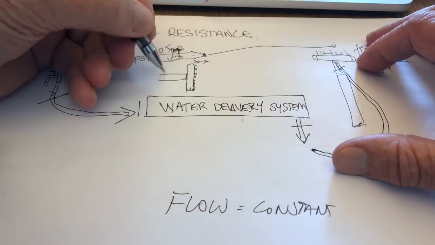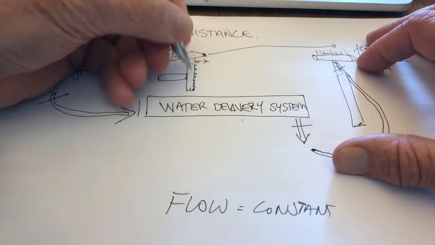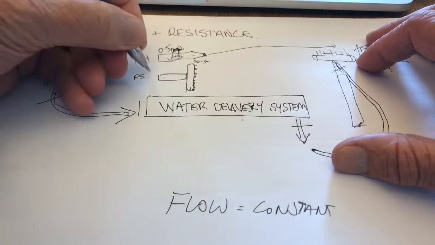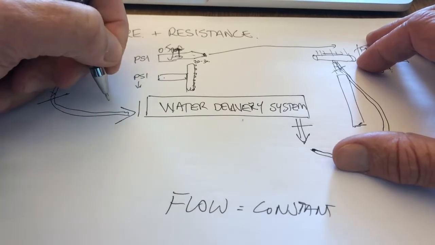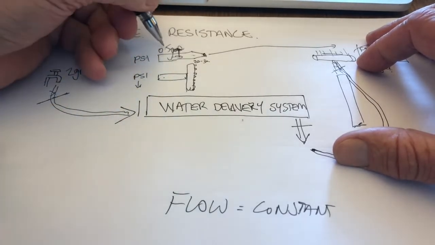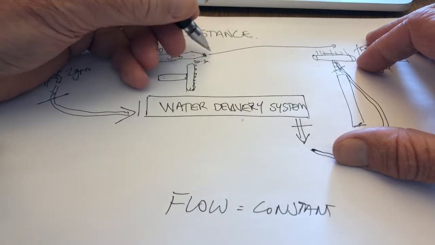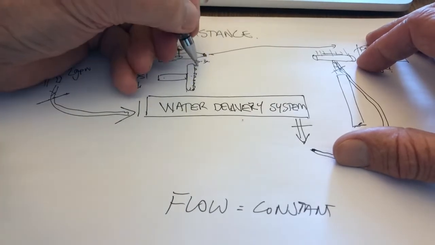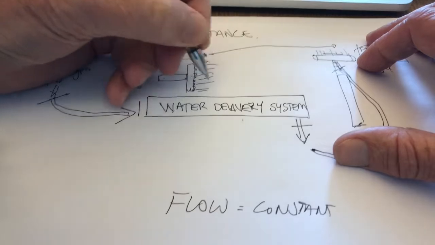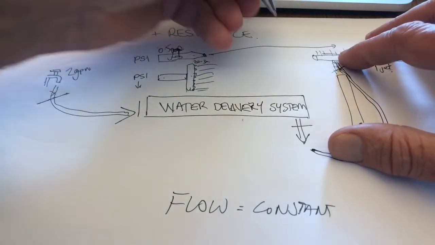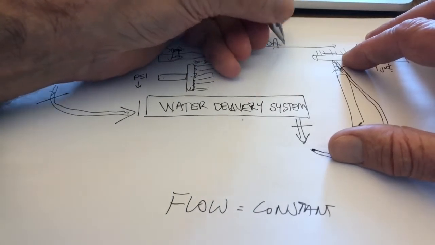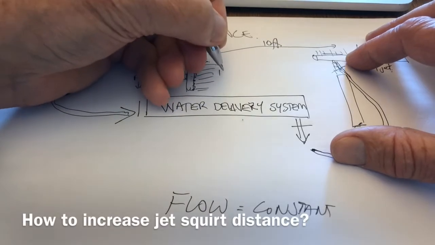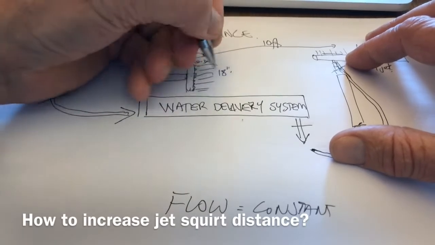Now this water, because it's open, the PSI is less, yeah? So the PSI has dropped, but the flow rate is the same. So that 0.5 gallons per minute that's coming through there will be 0.5 gallons per minute coming through 30 jets. So this might squirt 10 feet, and this might squirt 18 inches, yeah?